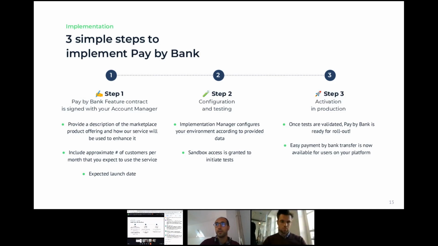And finally, once you are happy with your test, we can roll out this solution on the production environment. And the payment will be available for all clients KYC2 only.